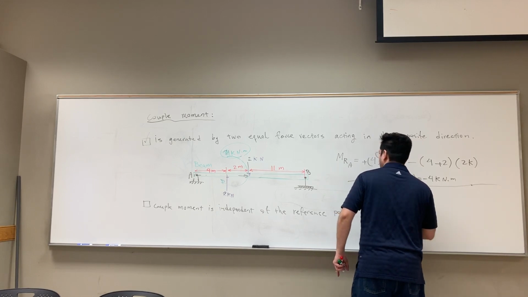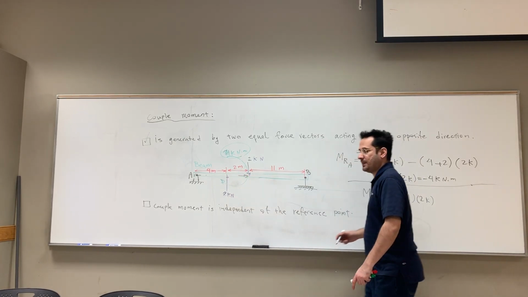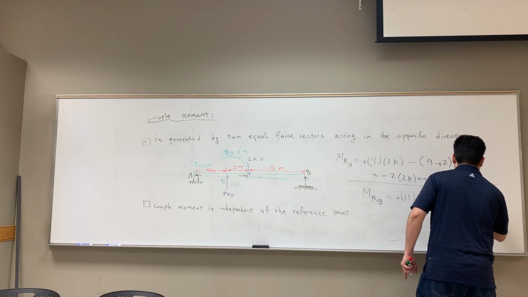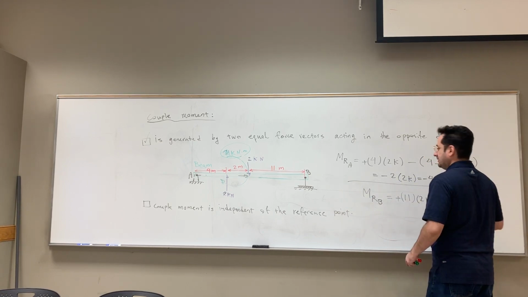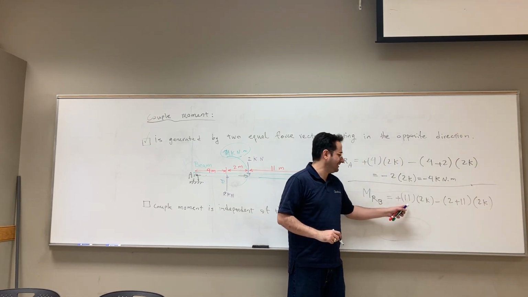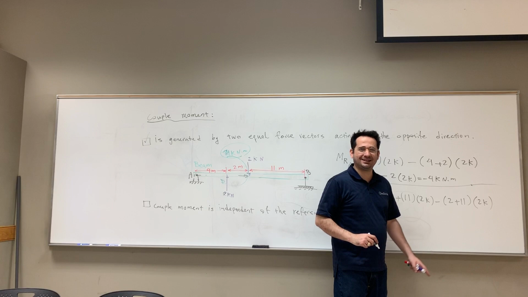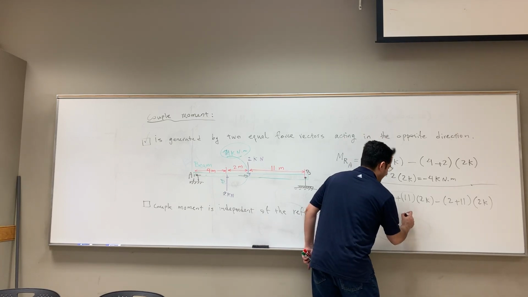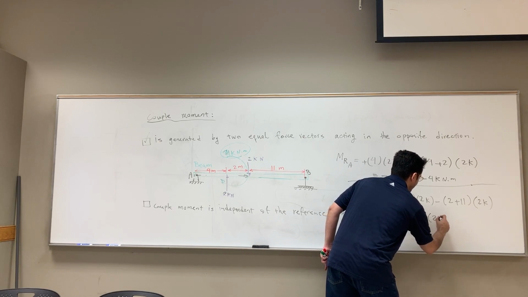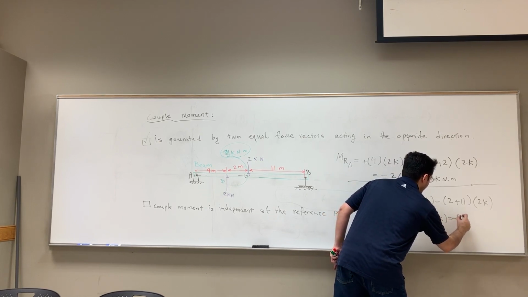Positive. And then the next one, 2 plus 11 times 2K, positive or negative? Negative. Thank you. Now, as you can see, this 11 times 2K cancel out, and what you get is negative 2 times 2K, negative 4K.